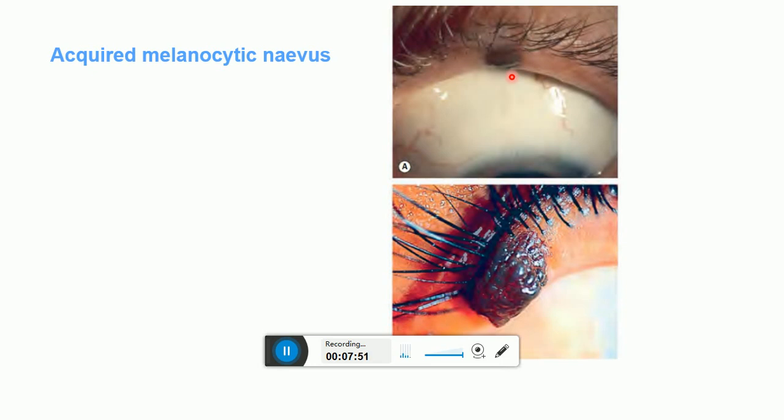They occur in young individuals, uniformly brown macule or plaque. The nevus cells are located at the junction of the epidermis and dermis. They have a low potential for malignant transformation.